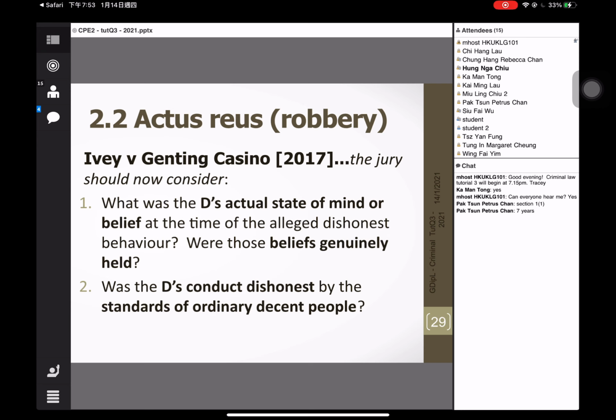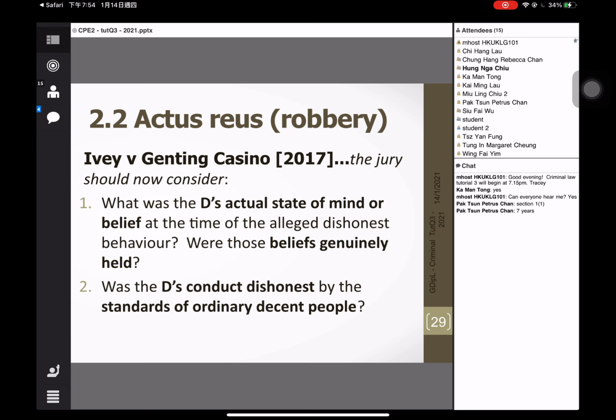So taking that context, that standpoint, was his conduct dishonest according to the standards of ordinary decent people? So this is the new test in Ivey and Genting Casinos.